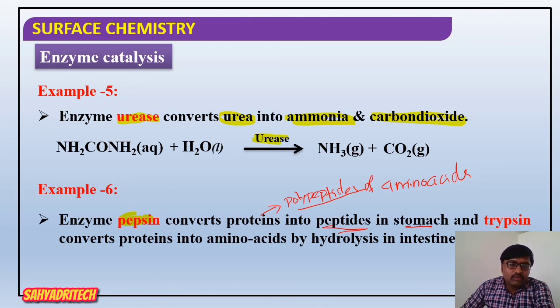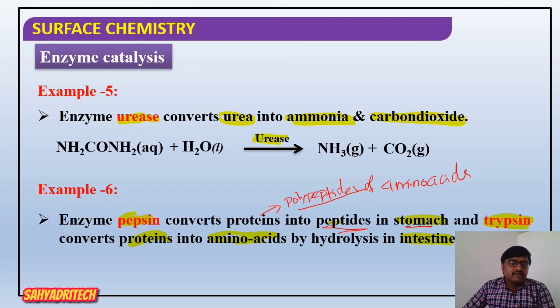And one more enzyme is trypsin. Pepsin and trypsin are involved in the digestion of proteins. Pepsin converts proteins into peptides in the stomach, and trypsin converts proteins into amino acids in the intestine. Remember these two enzymes, pepsin and trypsin.